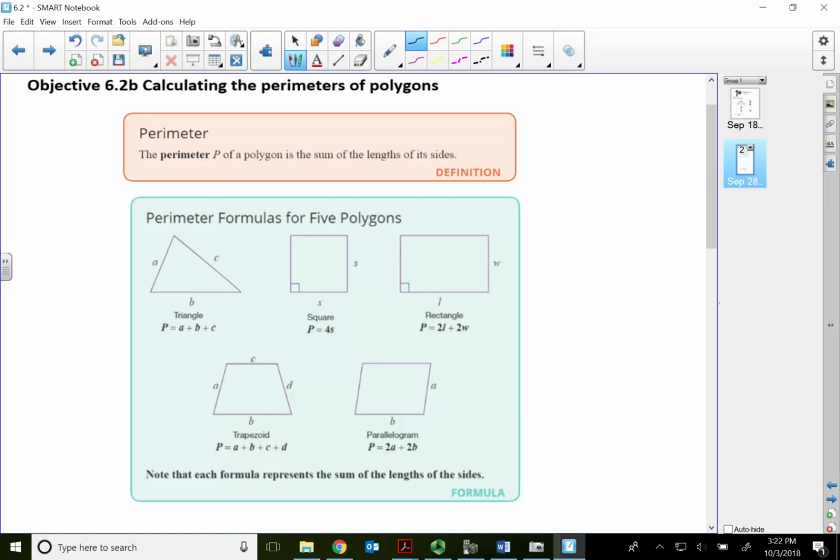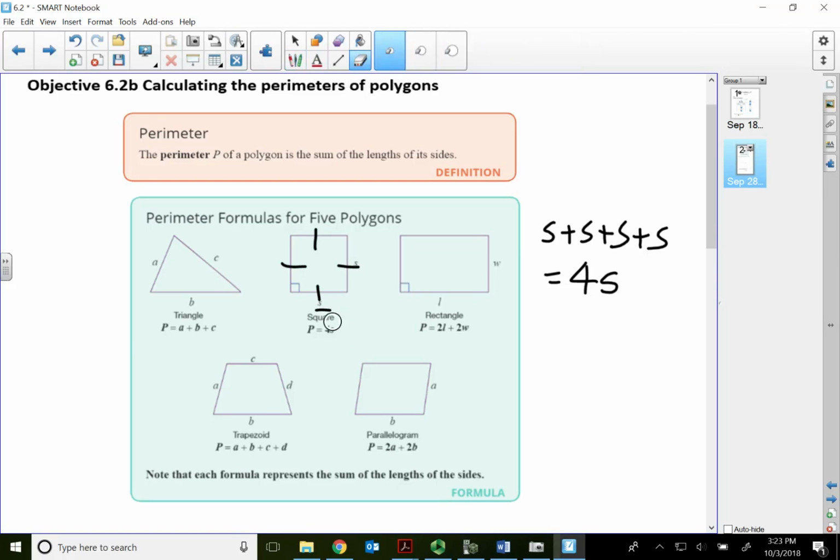For a square, that will be side plus side plus side plus side. We know a square has all four sides congruent, so I'm adding s four different times. That's why the formula says 4s, or we can just take 4 times one of the sides. I did some of these before, back in module 1 and module 2, so I'm just refreshing everybody's memory.